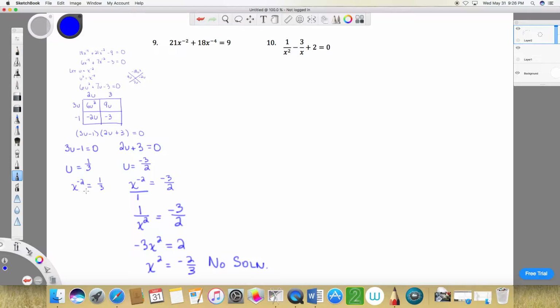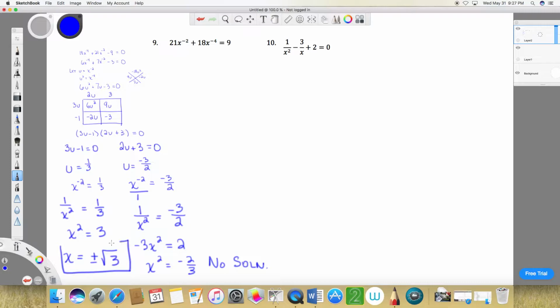Okay, now over here, however, this x to the negative 2 power, if we write that as 1 over x squared, now the 1/3, it didn't have any negative exponents. It just stays 1/3. If I cross multiply here, you can see that I get that x squared is equal to 3, or that x is positive or negative square root of 3.